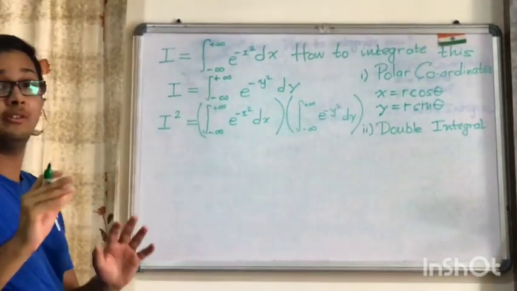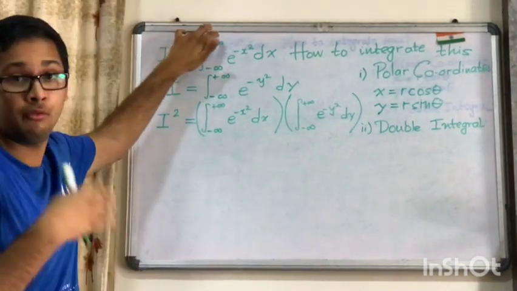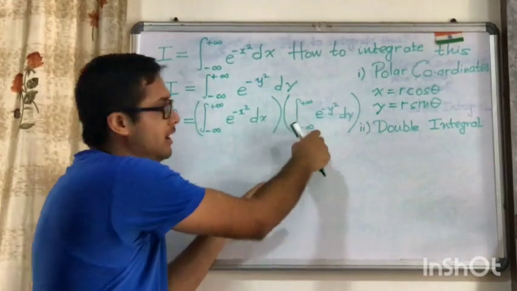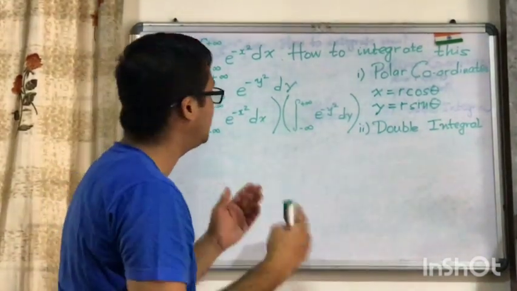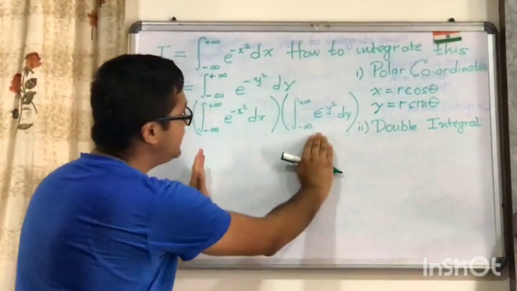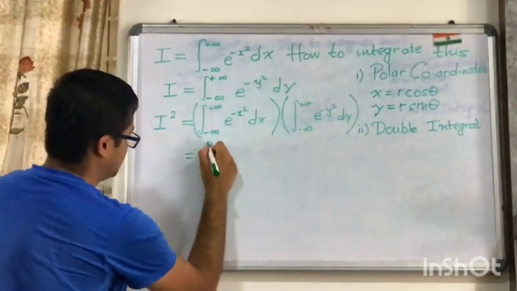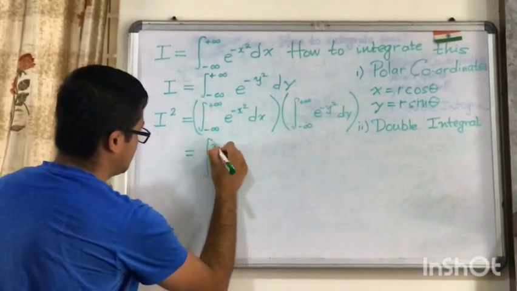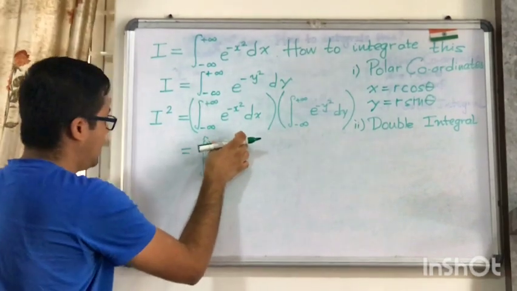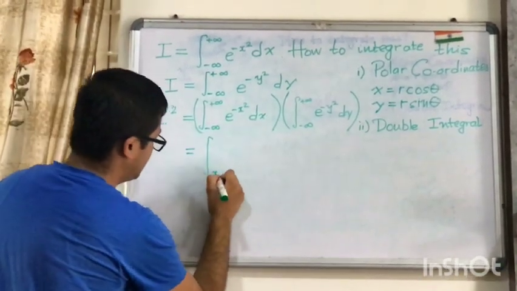So now we have completed our task of converting this problem from a single integral to a double integral. Now x and y are independent of each other. They are not dependent in any sense. So we can combine these two functions and write it as, rather, to not get confused about the integrals, I will write the appropriate variables.